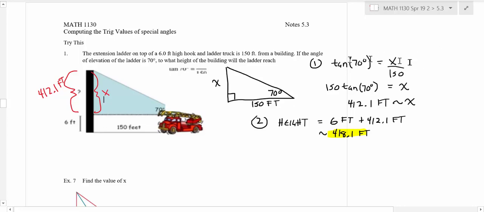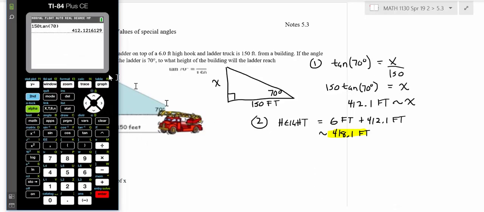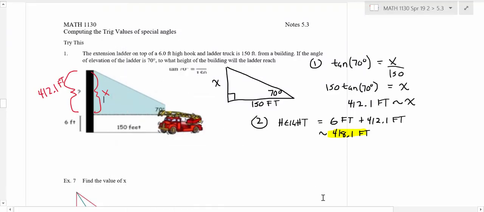I multiply both sides by 150. So X is 150 tangent 70. When I did 150 tangent 70, I got 412.1 feet. And then notice I also had to tack on that 6 feet because you're finding the total distance. So you add those two numbers together. That's how I got my answer.